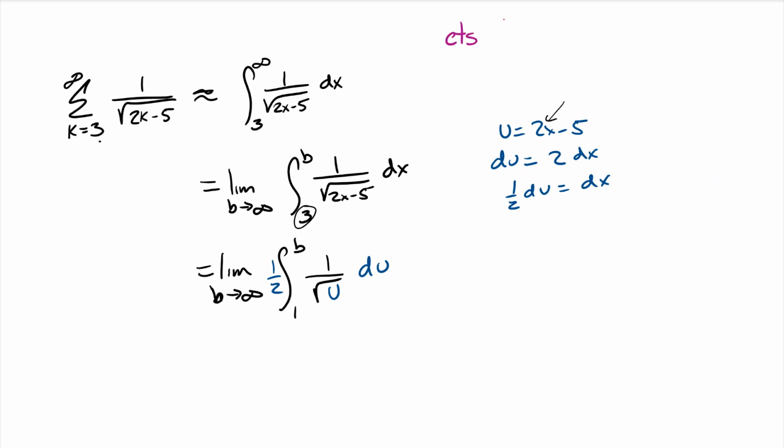Is it continuous on the interval from 3 up to infinity? Yeah. x can't be 5 over 2. It can't even be less than 5 over 2. But 2.5 does not live in this interval, so we're good to go. Is it decreasing?